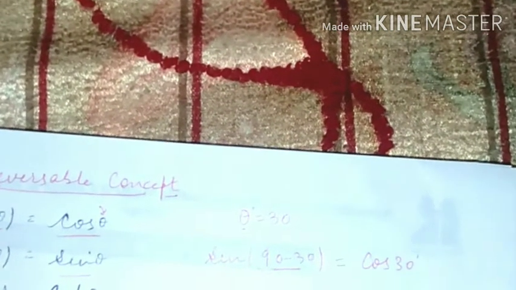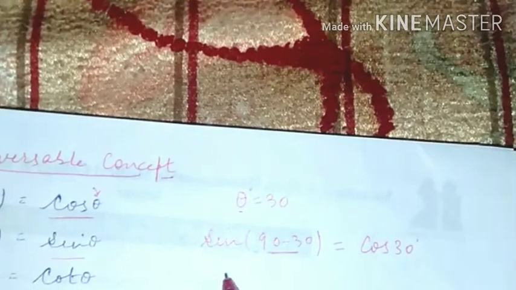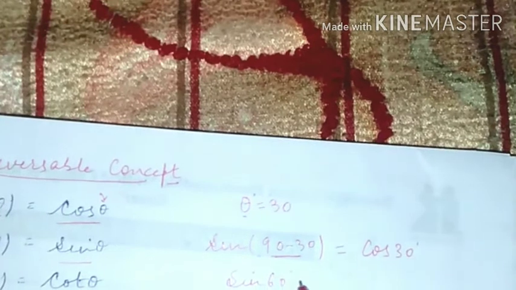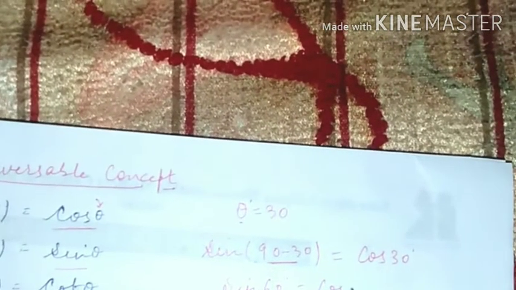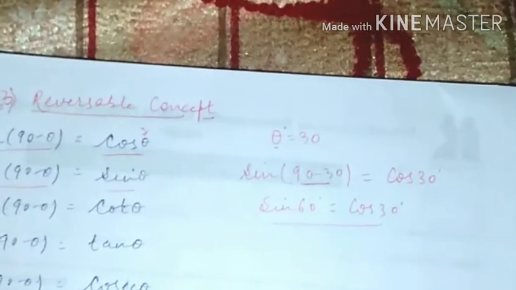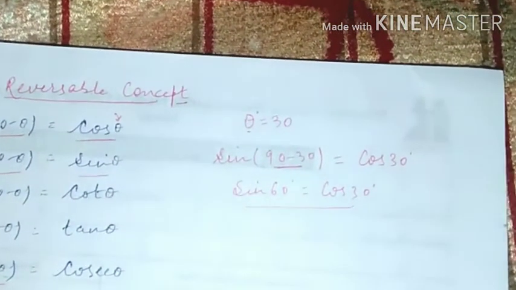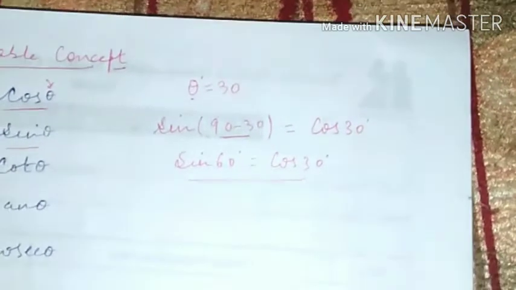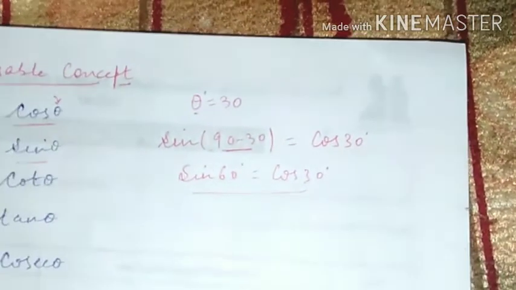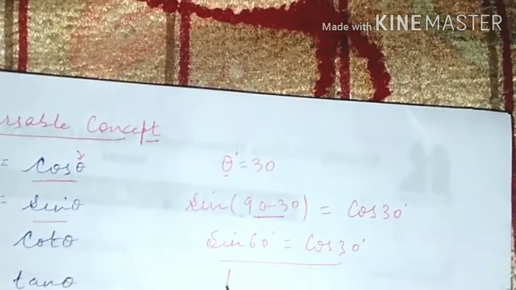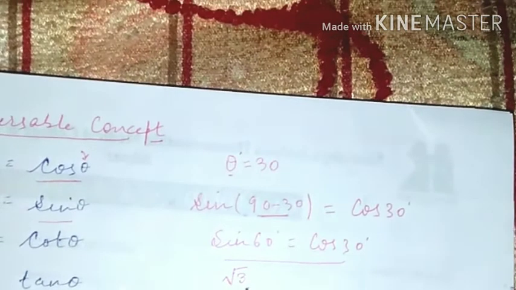Now what does it mean? 90 minus 30 is equal to what? 60. So which means that sin 60 is equal to cos 30. So whatever value we get for sin 60, that will be equal to cos 30. The value of sin 60 is nothing but root 3 upon 2.